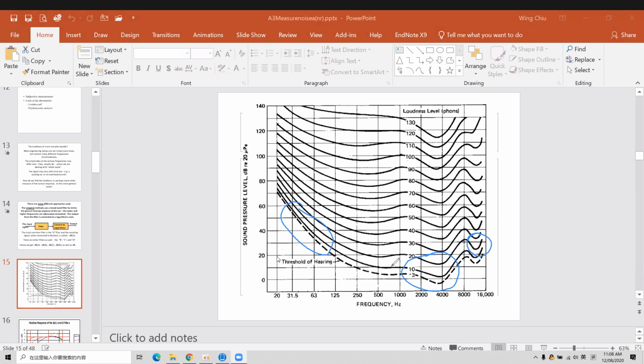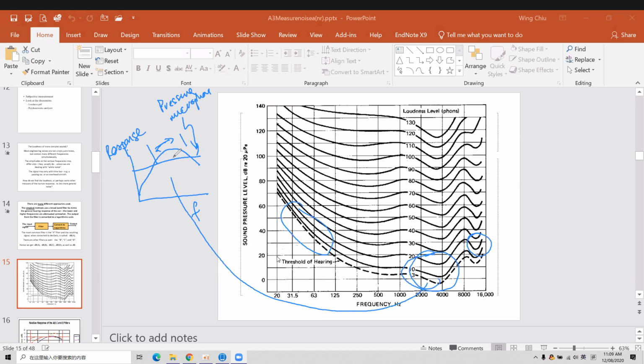Our pressure microphones usually have a very flat frequency response, and this is what you would expect from the pressure microphones. But for a human ear, we are a lot less responsive to low frequency noise, and a lot more responsive in this region.